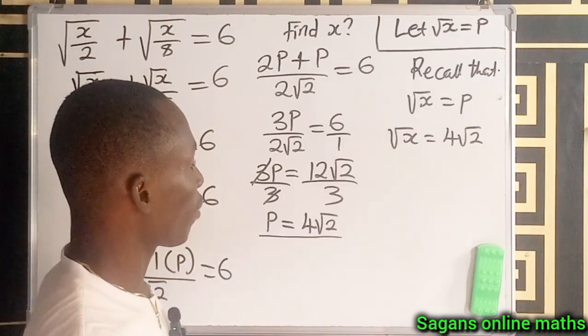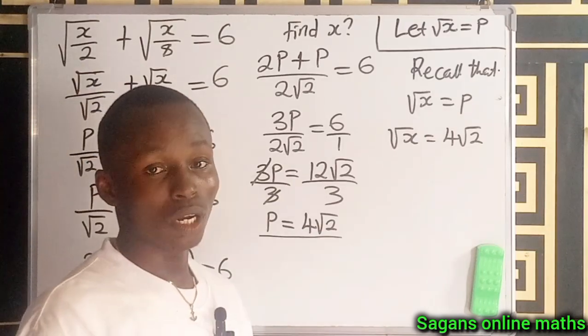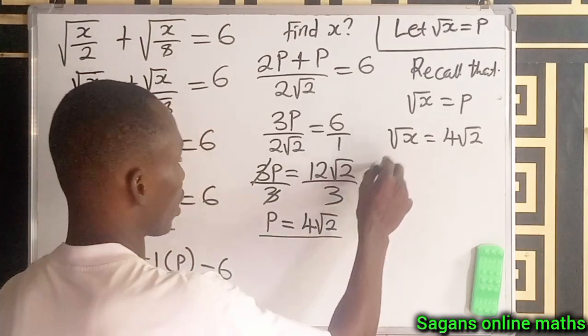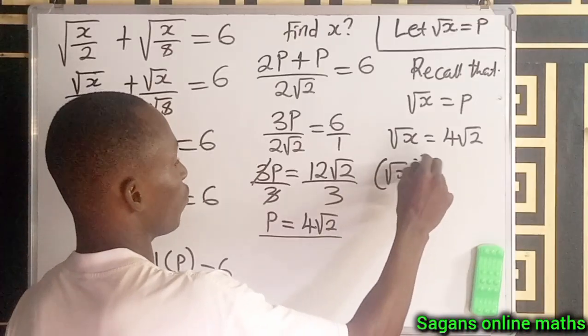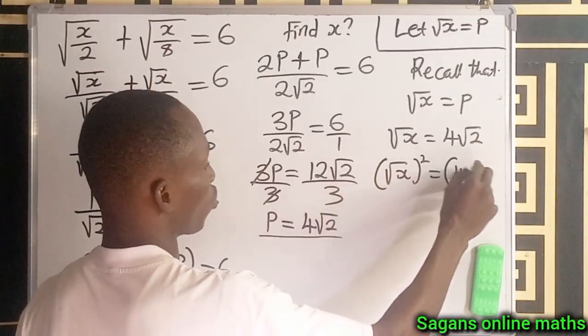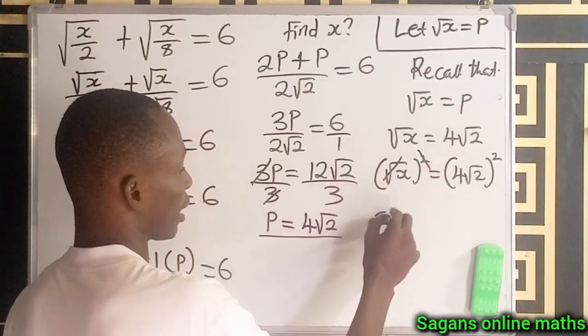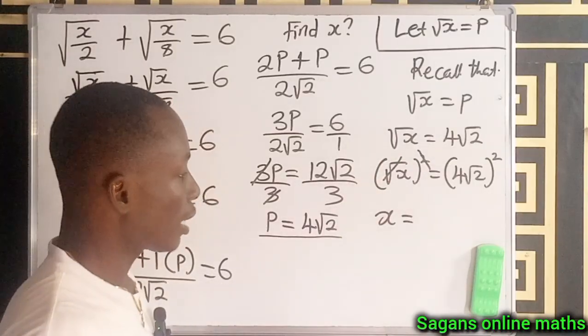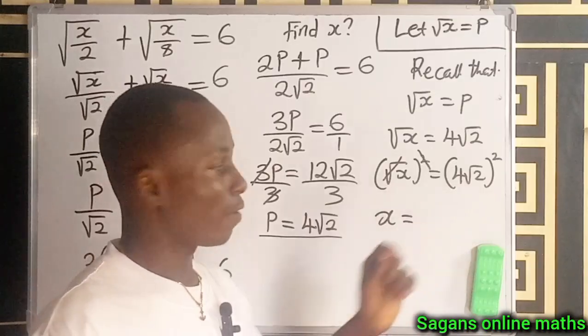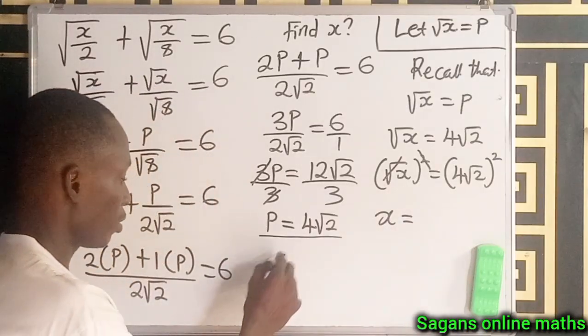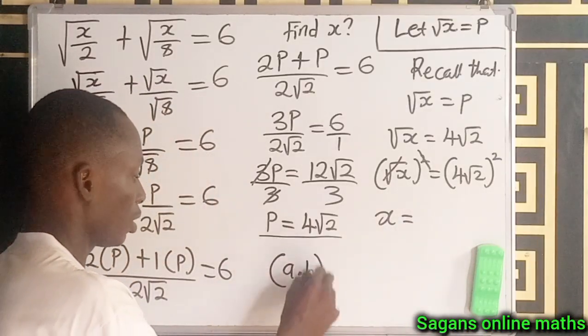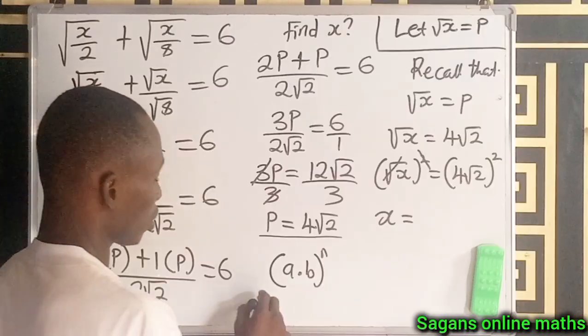For us to have the value of x, we have to take the square of both sides. So the square of this is equal to the square of 4 root 2. The square root cancels the square, so we are left with x equal to what? Let's obey one of the properties of indices here. Let me state the law. If you have a multiplied by b, all to the power of n, this is equal to what?